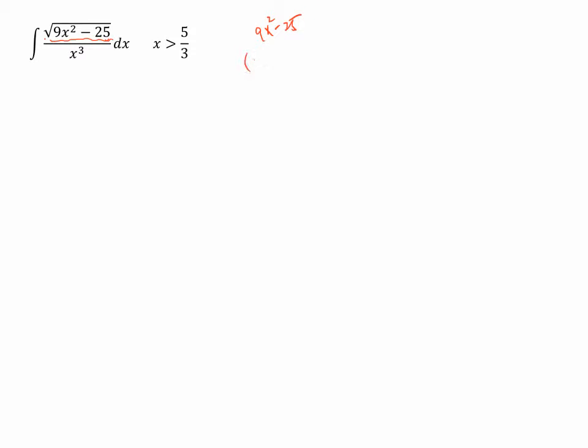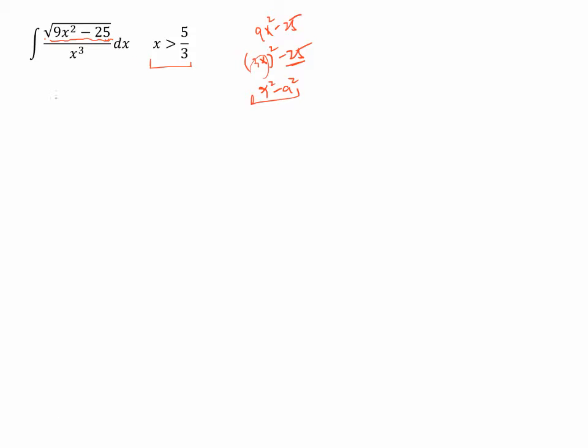I can rewrite it as 3x squared minus 25, which applies to the x squared minus a squared format, something about x squared minus a constant squared. And here again, x is greater than 5 over 3, indicating that what is under the square root is always positive, so it makes the problem meaningful.